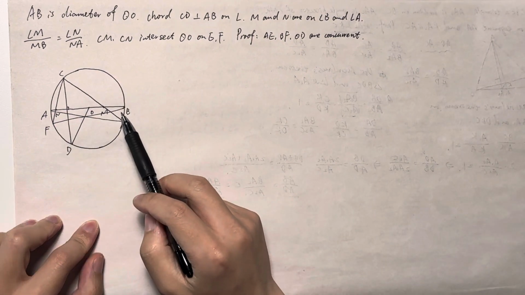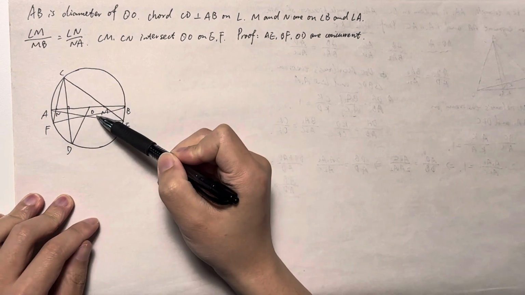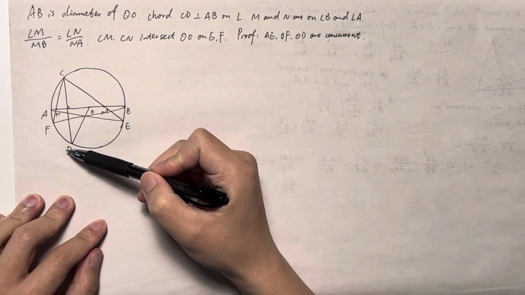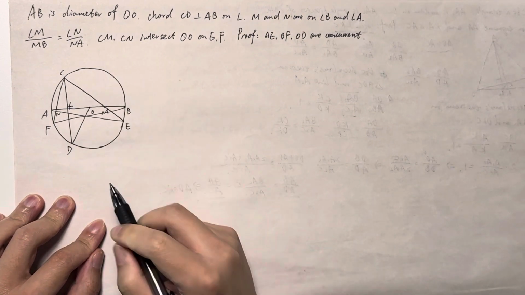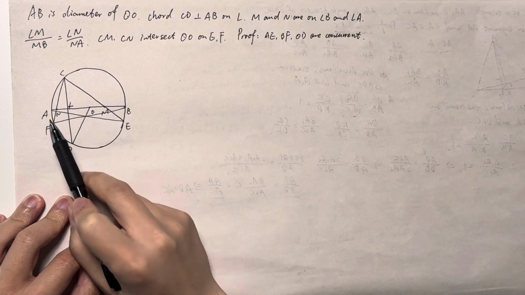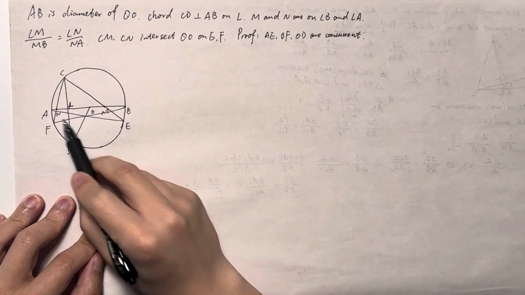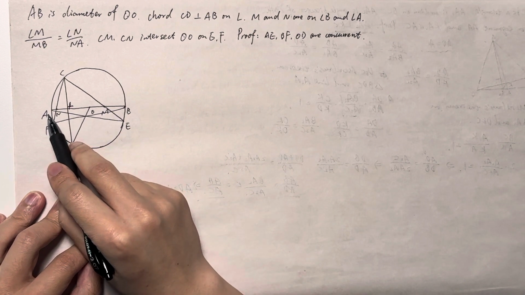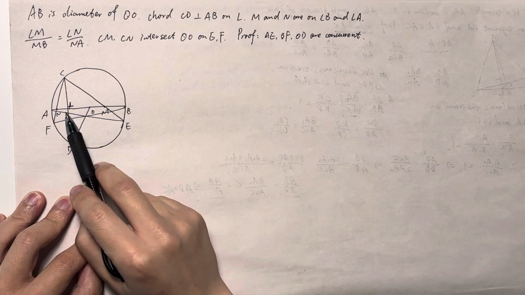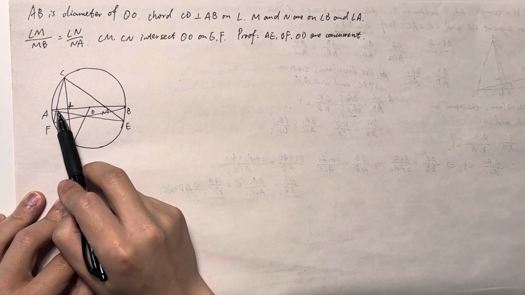AB is a diameter of circle O. Chord CD is perpendicular to AB at point L. M and N are on LB and LA, and LM to MB equals LN to NA.